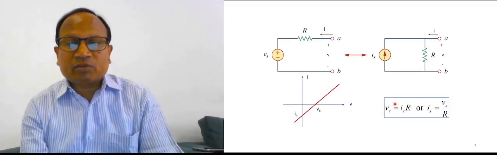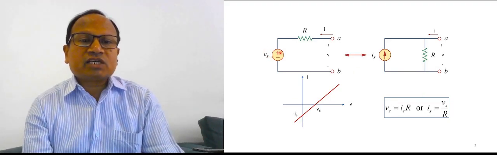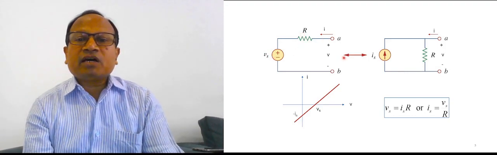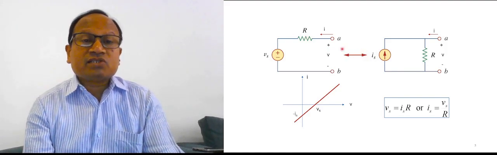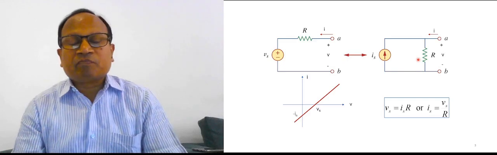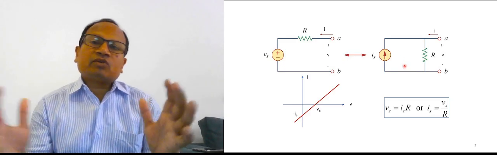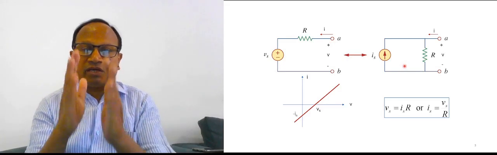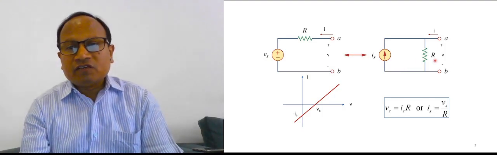Otherwise it's not applicable. Again, suppose there is an example, voltage source in series with resistance. How will you calculate the current here? Vs divided by R. So look at here, Is is nothing but Vs divided by R. The same resistance becomes in parallel with the source. If you remember Thevenin and Norton theorem, this is equivalent to Thevenin equivalent circuit and this is equivalent to Norton equivalent circuit. Norton equivalent circuit is the circuit where the entire network can be replaced by a current source in parallel with resistance.